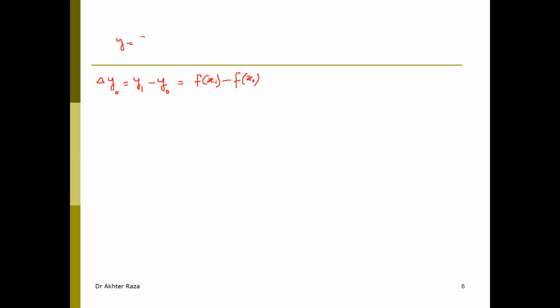All of you are familiar with y is equal to fx. So we can represent the data with the help of y, or we can represent the data with the help of fx.